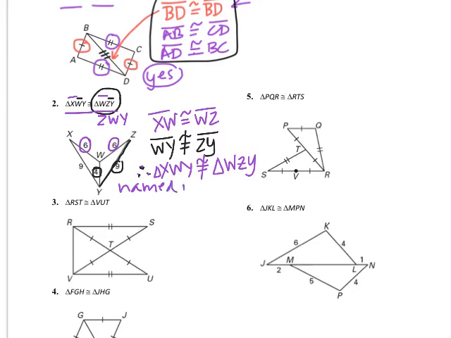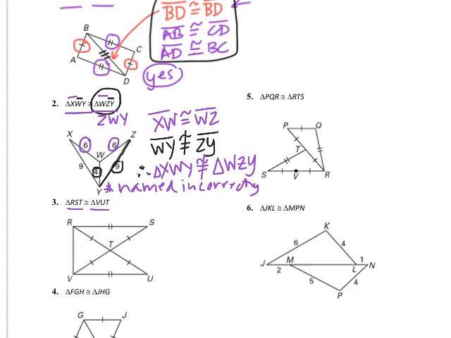Named incorrectly. Because if you look at the picture, you could easily say that those are congruent triangles. However, because of the way they have them named, we cannot say they are congruent. So be careful with that when you're looking at any triangles. Make sure the names of the triangles are actually correct.